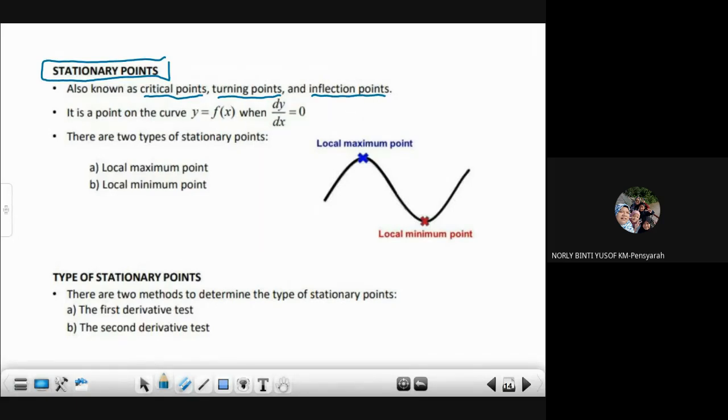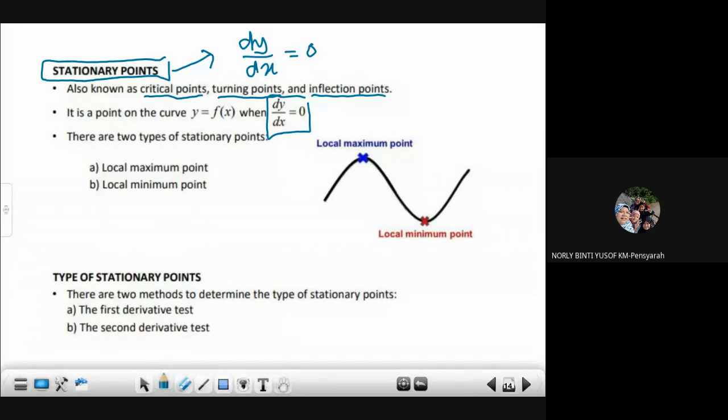Dan bila you nampak stationary point, dia suruh cari find the stationary point, dalam kepala mesti tahu first order dy dx must be equals to 0. Macam mana cakap tadi lah, dy dx equals to 0. That is stationary point. It means your first order you equates to 0 in order for you to find the value of x. You differentiate dululah the polynomial, then you equate with 0.